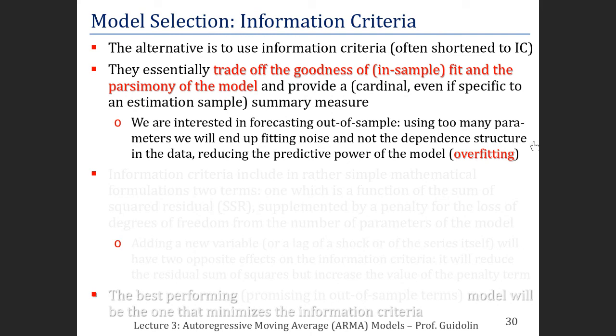So if you draw a new data set from the same phenomenon and compute the information criterion, you will get different values. And the spirit is to trade off goodness of fit for forecasting power. So information criteria are expressly informed by our objective, which is not just to fit the time series, but actually to be able to forecast its future behavior.